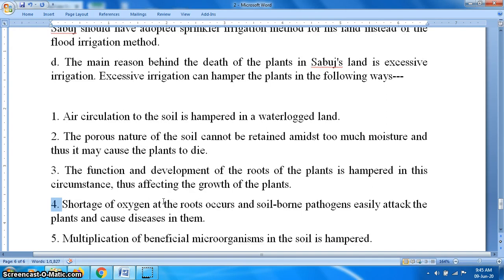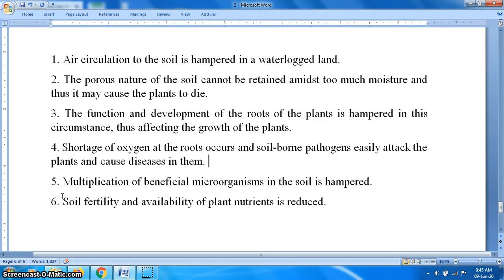Shortage of oxygen at the roots occurs, and soil-borne pathogens easily attack the plants and cause diseases in them. 5. Multiplication of beneficial microorganisms in soil is hampered. 6. Soil fertility and availability of plant nutrients is reduced.